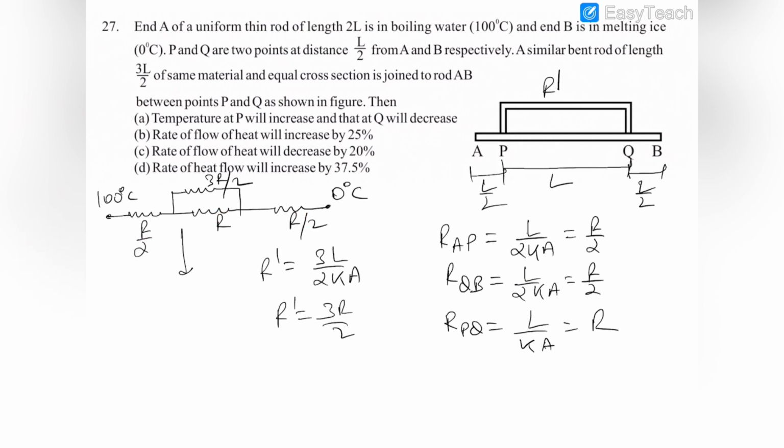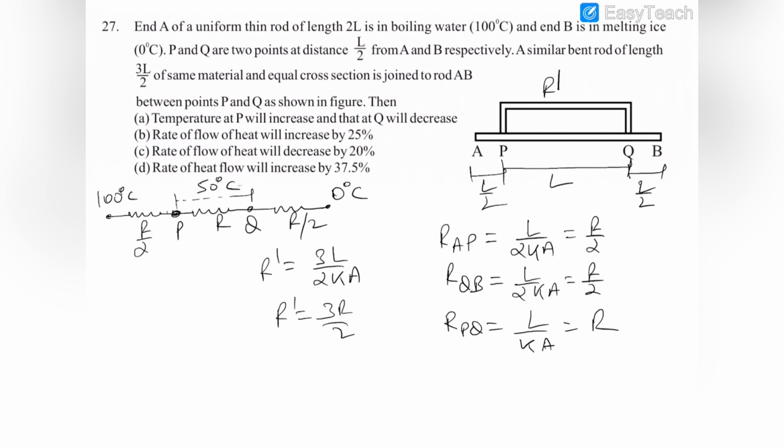So previously, when we had not connected this resistance, the potential difference between P and Q can be easily calculated. The total temperature difference is 100, and this would be equally divided among R and these two R by 2s. So this temperature difference would be 50 degrees Celsius.